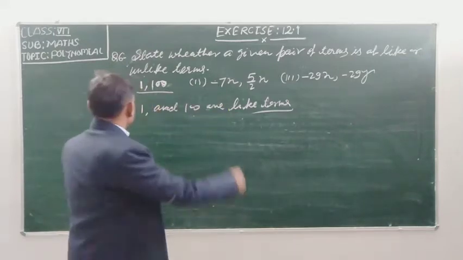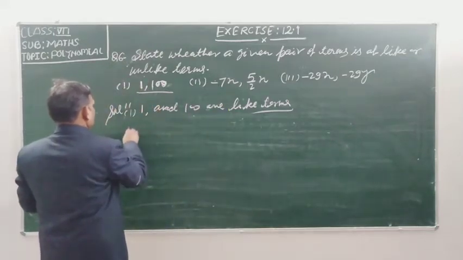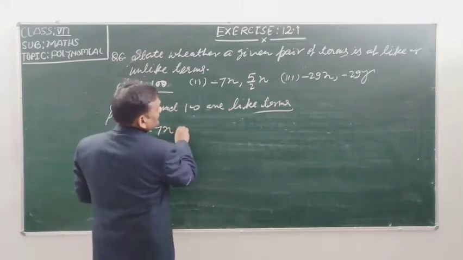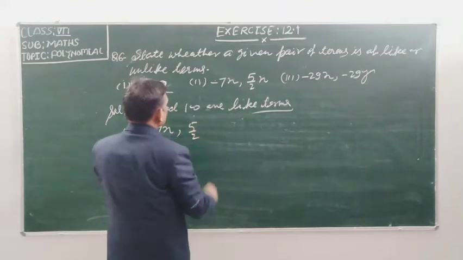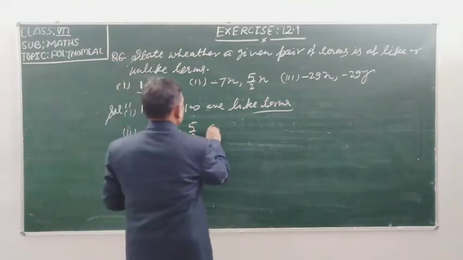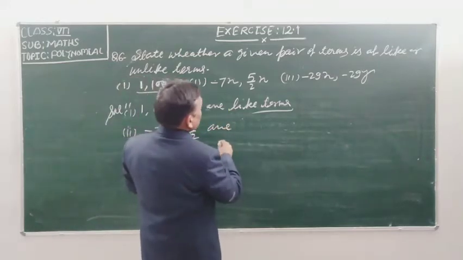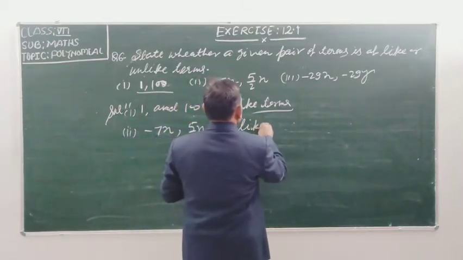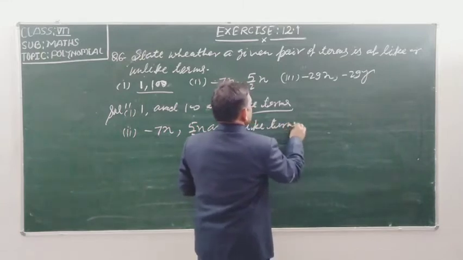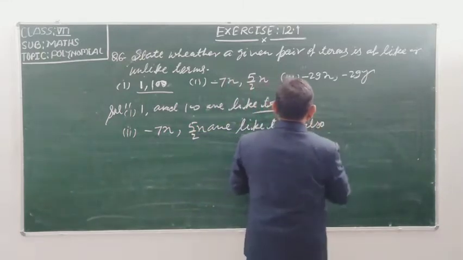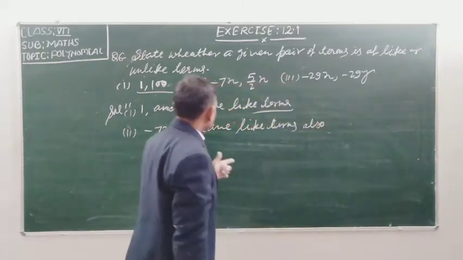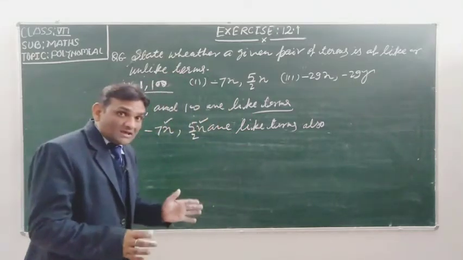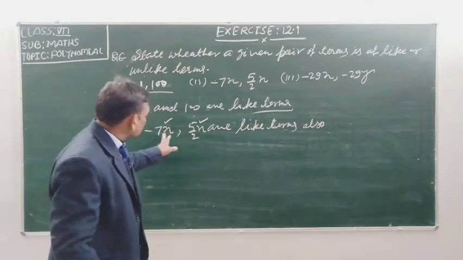And in part second, student, minus 7x and 5 upon 2x are like terms also. Why? Because algebraic factors are same. You only need to match the algebraic factor.